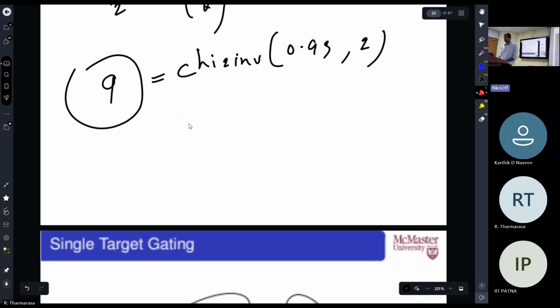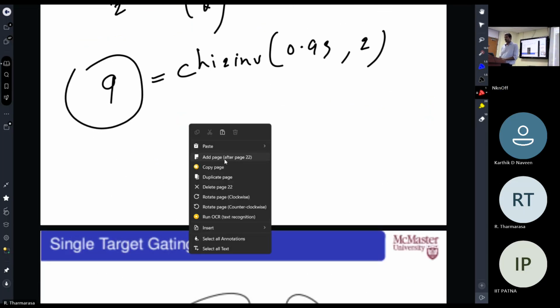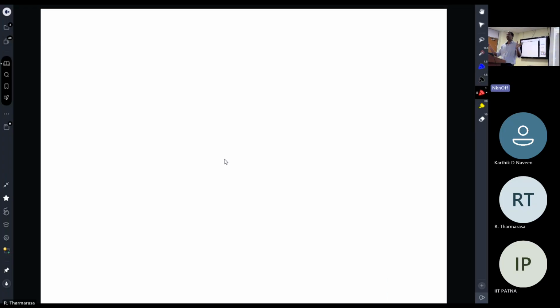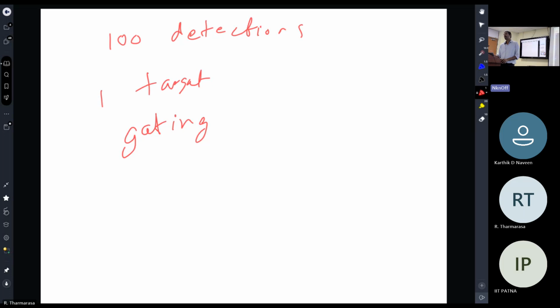So what we do is, in a normal radar, if you are working with real radars, you get 100 detections. You have only one target. So you do the gating. How many measurements do you expect to fall inside the gate? It can vary, right?